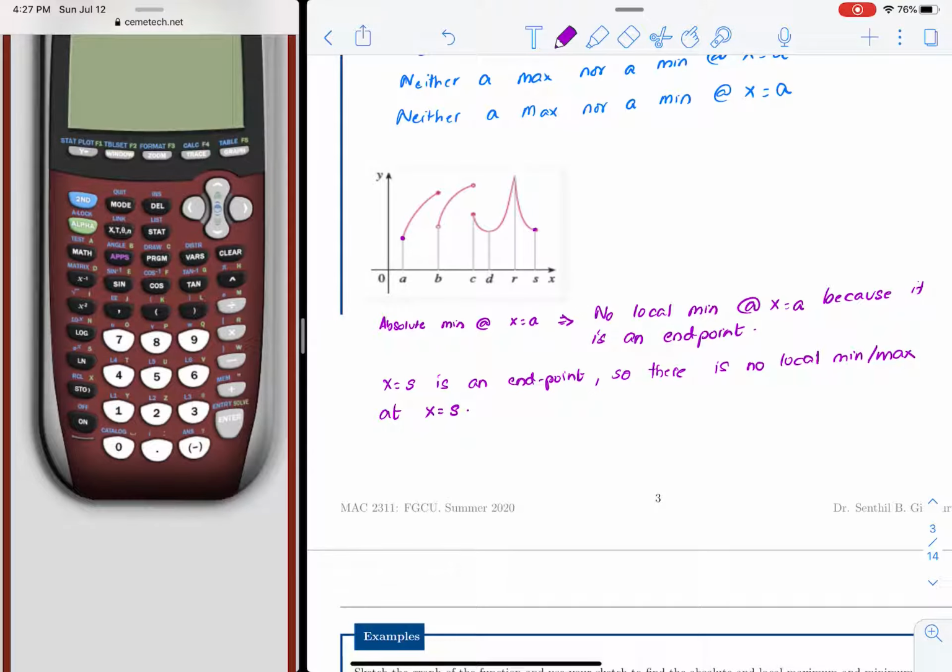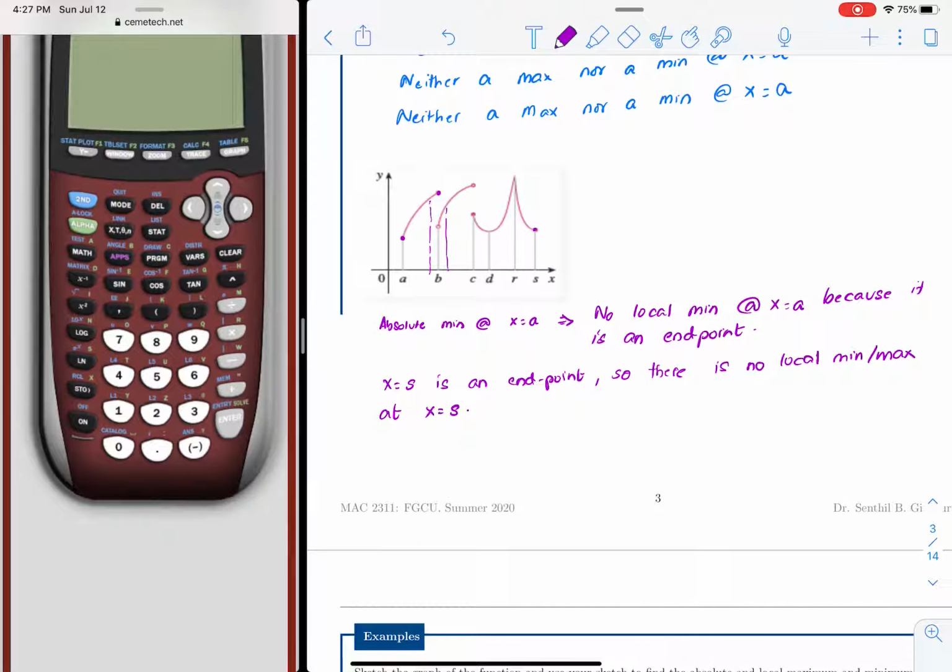What about the point x is equal to B? X is equal to B has a value defined, which is right over there. And that particular value on an interval about B is the largest value that we can think of.